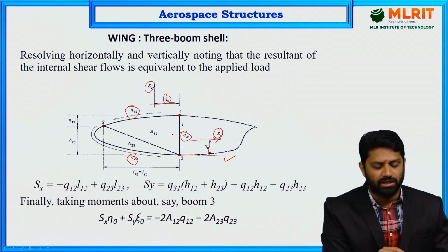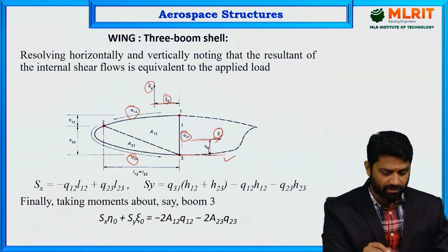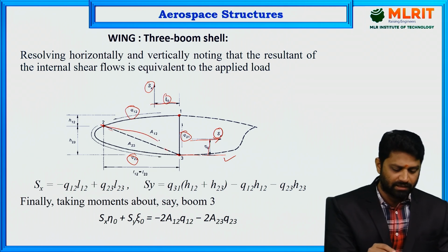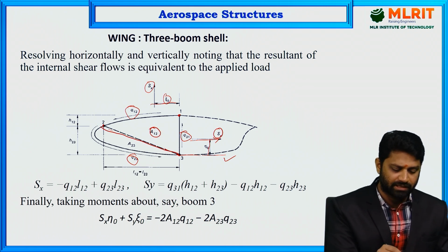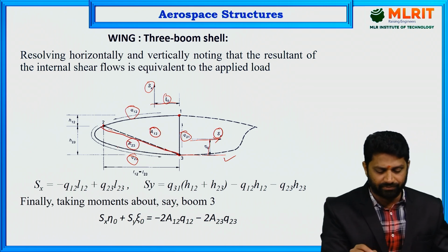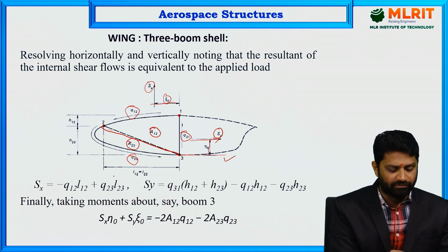Since we need to take moments, in this particular example we are going to take moment about point 2. So what we are doing here is dividing the areas and writing them as A12 and A23. So this is A12 and this is A23 area. The lengths you can also see here: from boom 2 to 3, the length is L12, which is the same as L23.